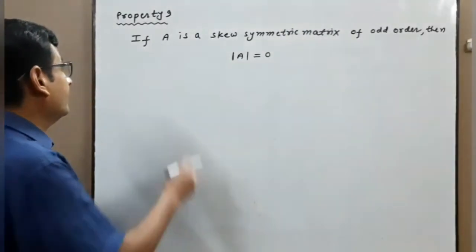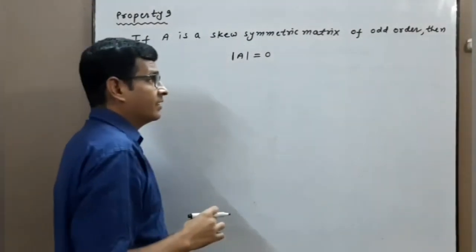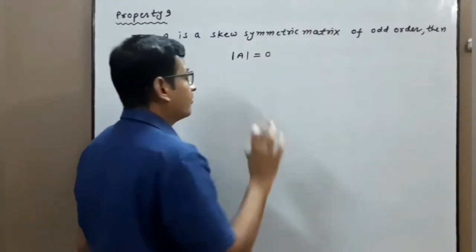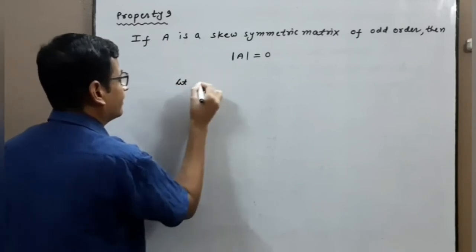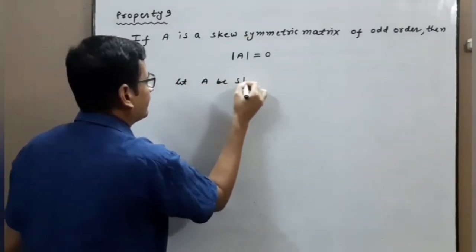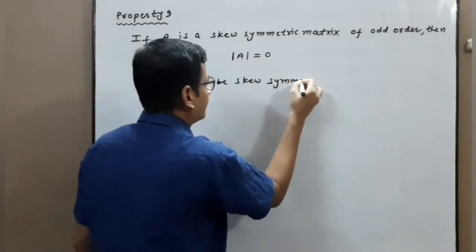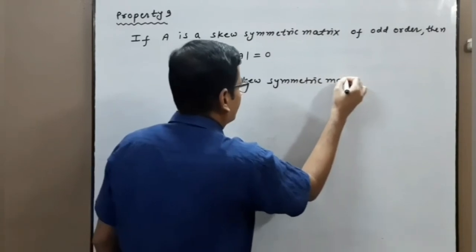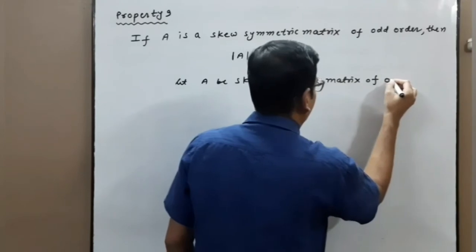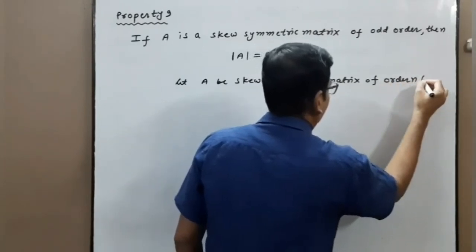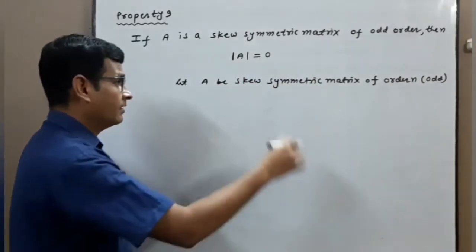Property 9. If A is a skew symmetric matrix of odd order, then the determinant of A equals 0. Let A be a skew symmetric matrix of order n, in brackets odd, n is an odd number.